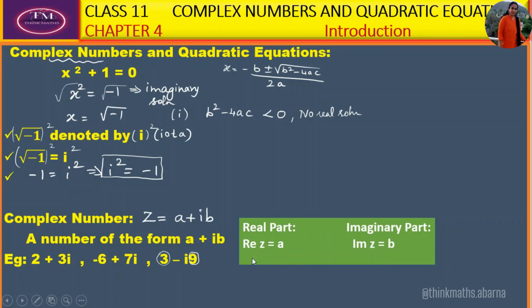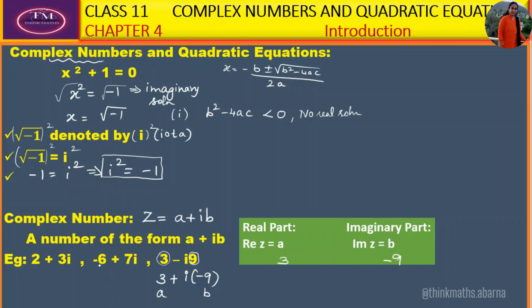To find the real part and imaginary part, you have to write the number in this form. Now to convert this to a plus ib, we write it as 3 plus i times minus 9. This is a and this is b. So the real part of z is 3 and the imaginary part of z is minus 9.